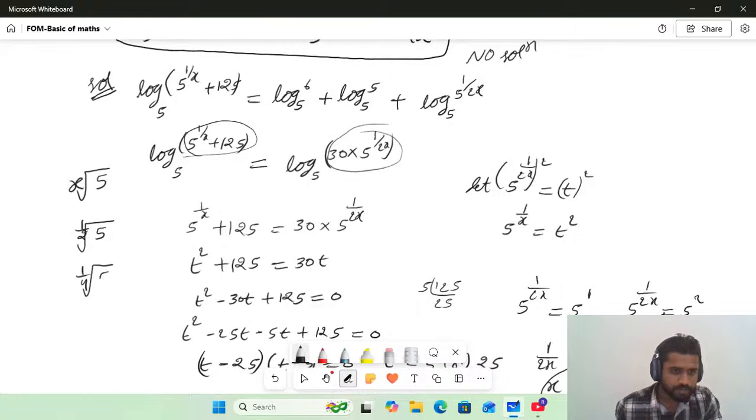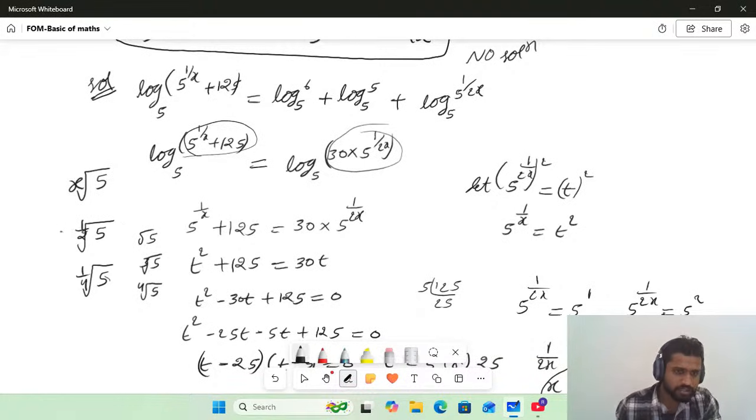We have seen square root of 5, cube root of 5, fourth root of 5. Have we ever seen half root 5 and 1 by 4th root 5?